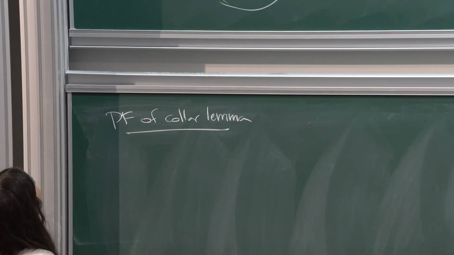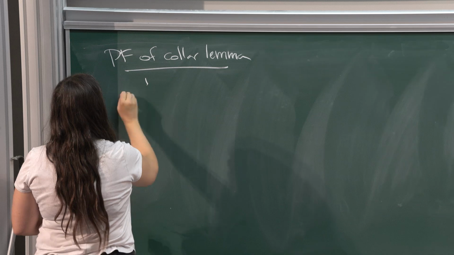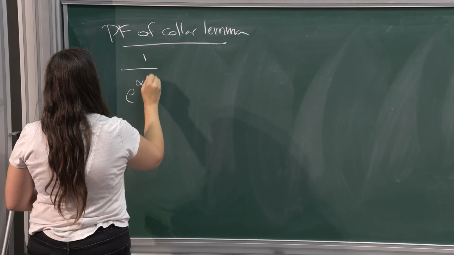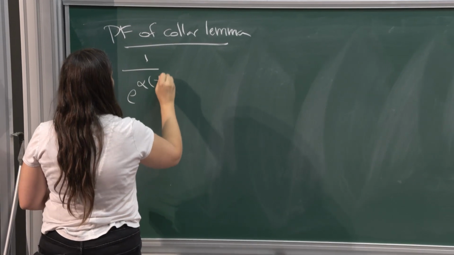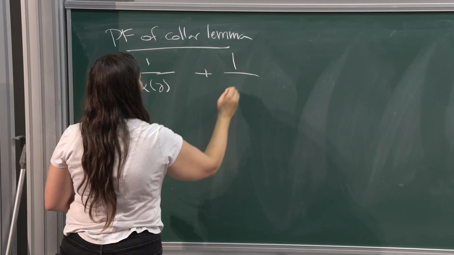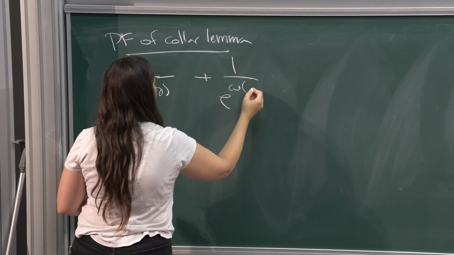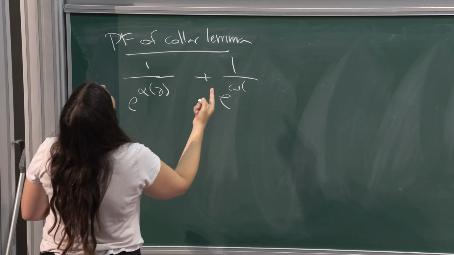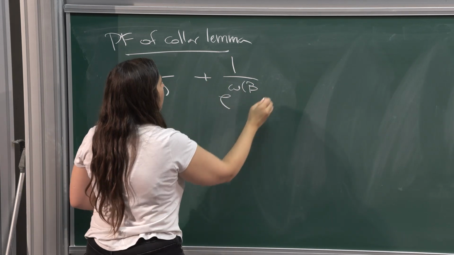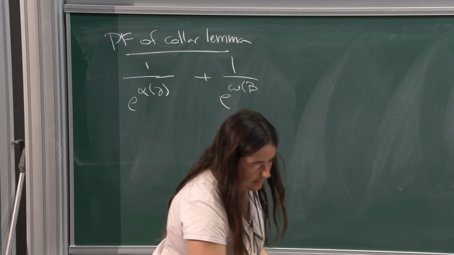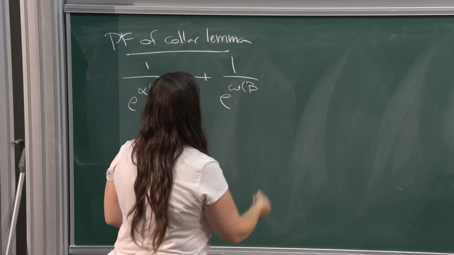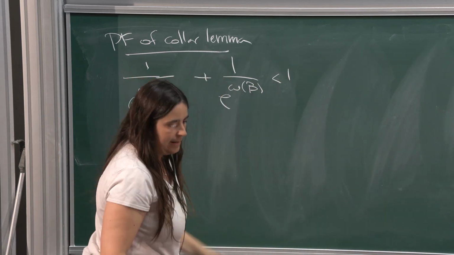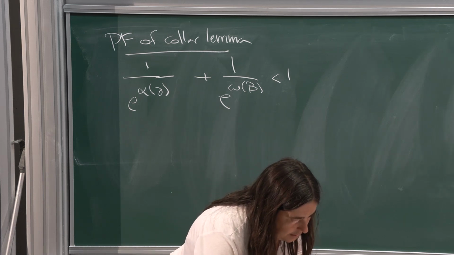What we need to show is that 1 over e to the alpha of gamma plus 1 over e to the omega of beta is, so these are all big, so this is more than 1.